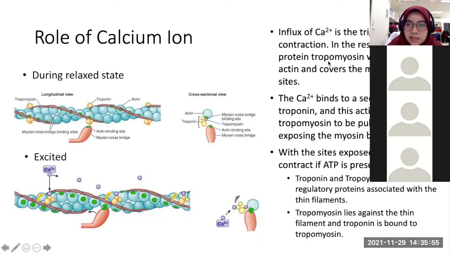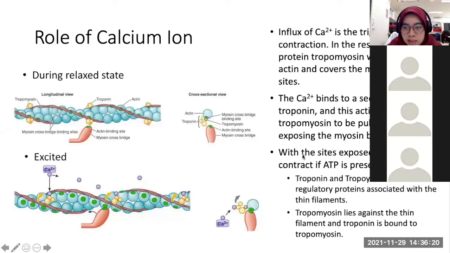In the resting state, the protein tropomyosin winds around actin and covers the myosin binding site, so it will prevent the binding of myosin. But as calcium ion binds to the second protein, troponin, this causes the tropomyosin to be pulled away. This is the conformational change I've mentioned, exposing the myosin binding sites.